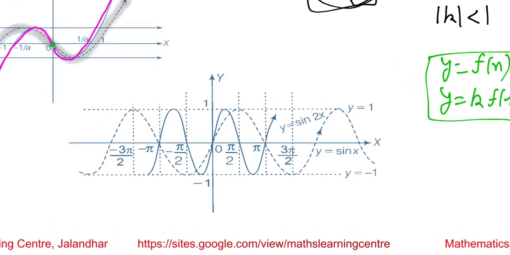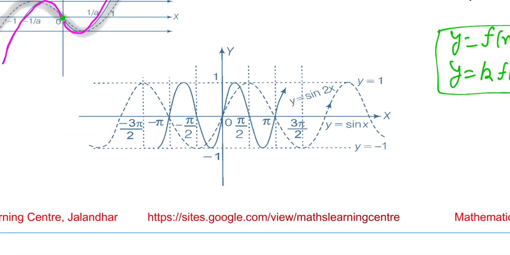This will be more clear to you with this example. The graph of the function y is equal to sin x is given. This is the graph of the function y is equal to sin of x. Now we are going to plot the graph corresponding to y is equal to sin of 2x.